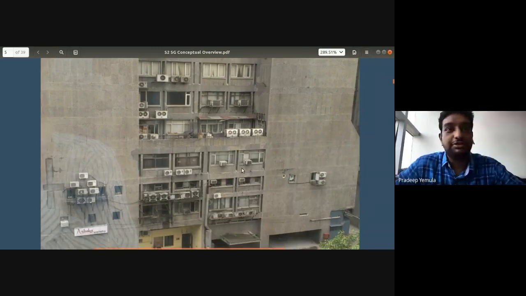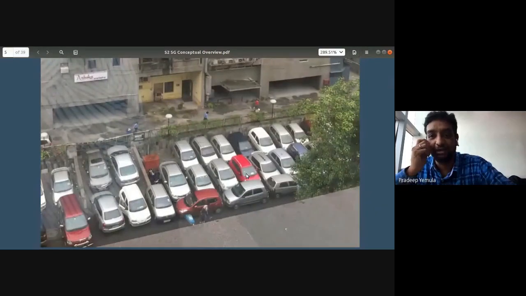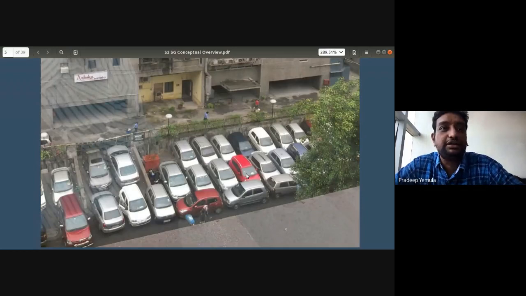I'll continue. Now, if you look down, there are a lot of cars being parked here. Right now, they are diesel cars or petrol cars and so on. But in future, if these cars change to electric cars, then each car will have storage capacity.